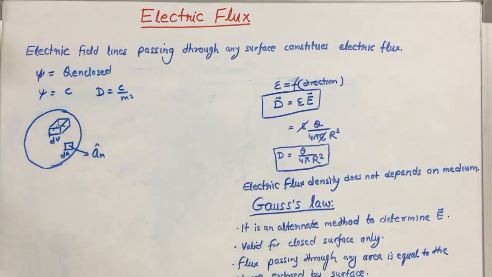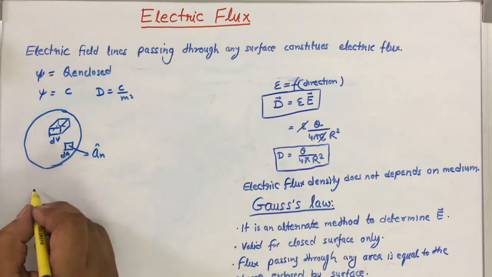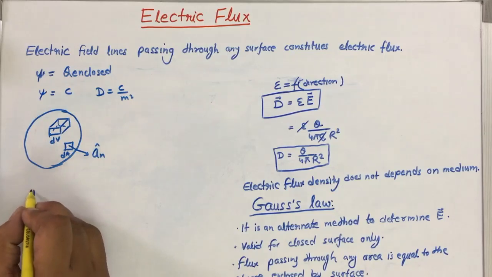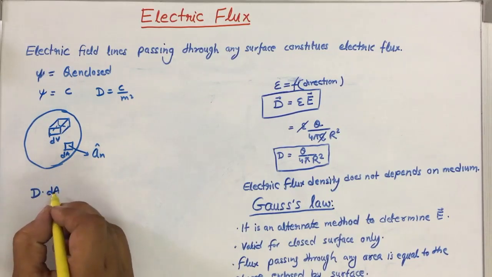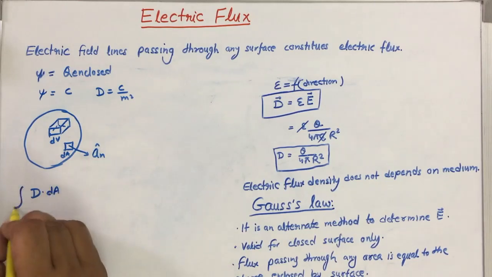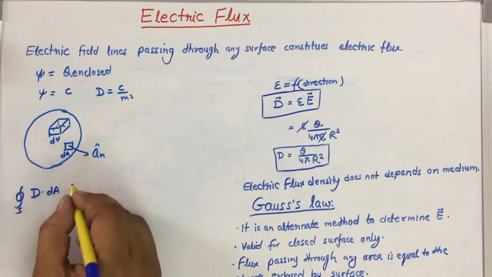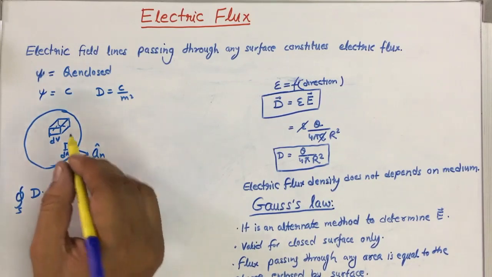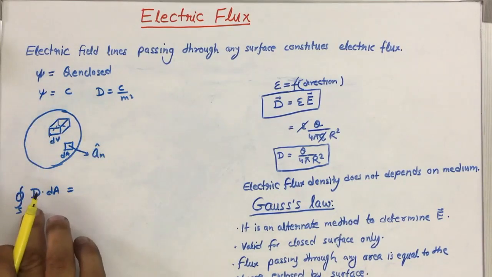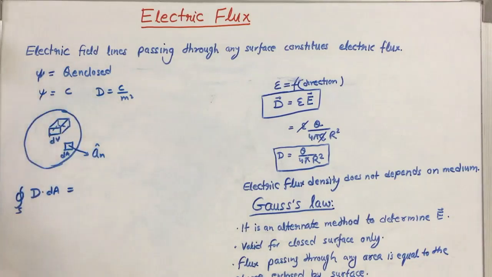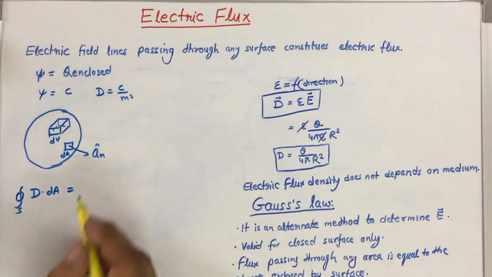So in this case, according to the definition, the flux passing through this will be D dot dA, as we have discussed in the beginning, through the closed surface, will be equal to the total charge enclosed by it.